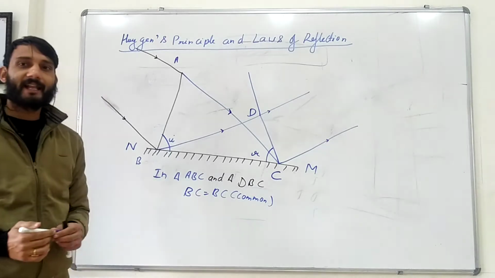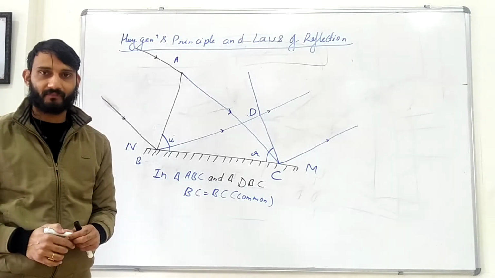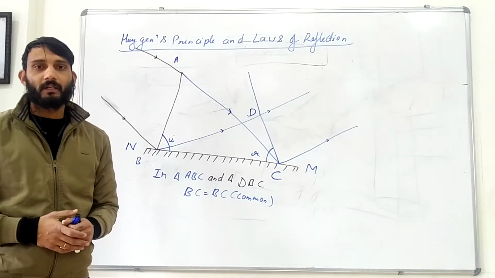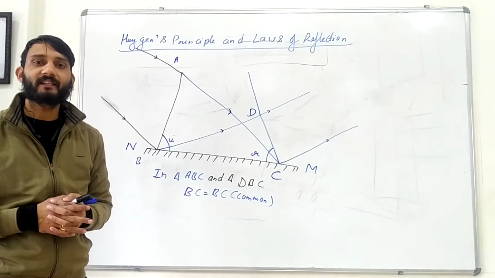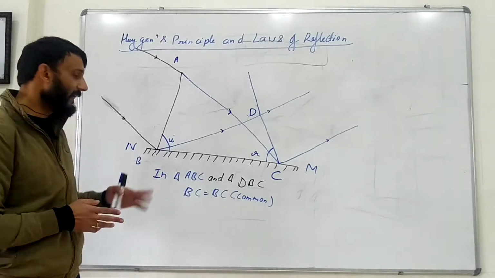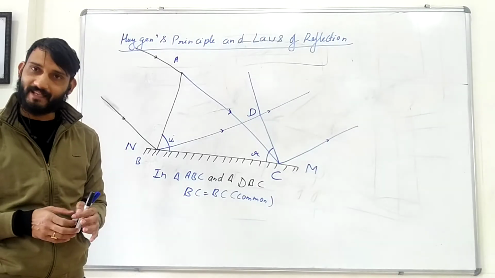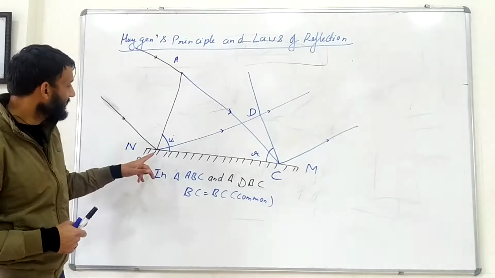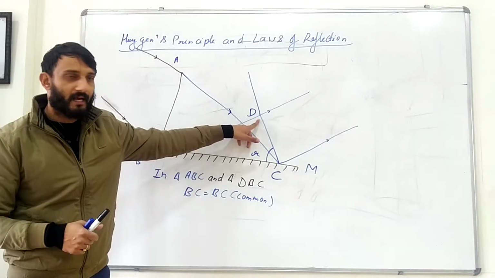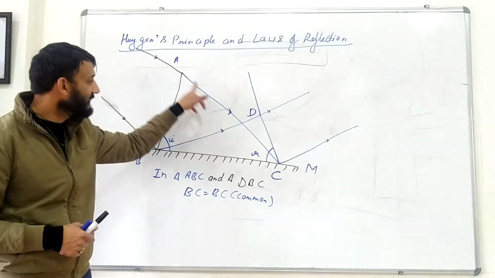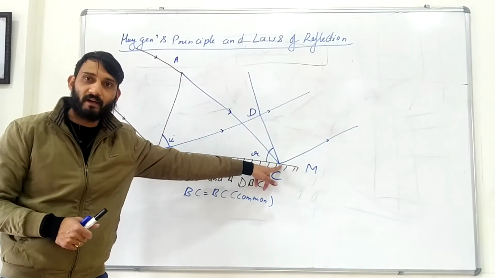Now as you know, the light is travelling in the same medium, it is not changing the medium, because it's a case of reflection. So when it is travelling in the same medium, the speed of light will remain the same, right? So the distance travelled from B to D and the distance travelled from A to C have to be equal. Why equal?